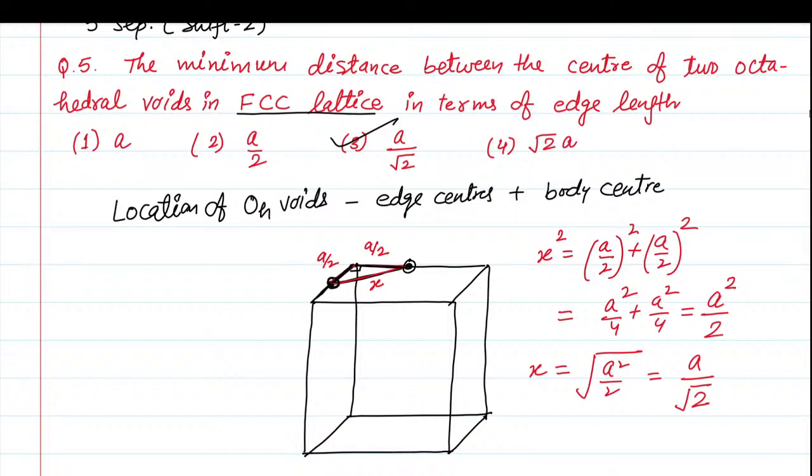So the distance between these two octahedral voids is like this. One octahedral void is here, the other is at this point. This distance is the hypotenuse of this right angle triangle. That's why we get it like this, applying Pythagoras.